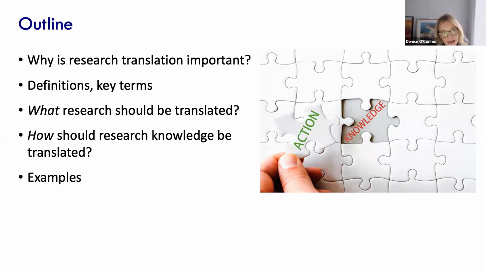Then I'll talk about what research we should be translating and then how we should be translating research into practice, informed by implementation science, theoretical and empirical knowledge. I'll pepper the talk with a couple of examples from my work. I haven't drawn in a whole lot of AMS examples because people on the call will have some of those, and maybe we can talk more about that in the Q&A.